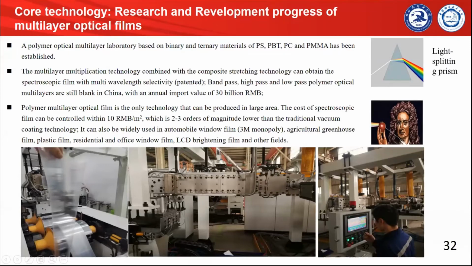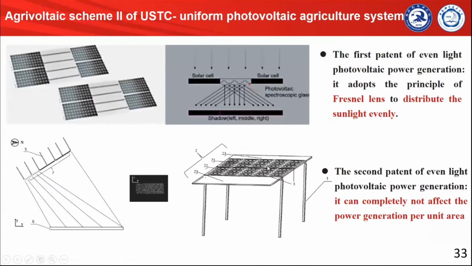We have a second solution for APV that can reduce the shadow effect. We use a kind of green lens glass. It's a typical glass panel, and on the surface of the panel we have a thin lens design, so we can separate the light.